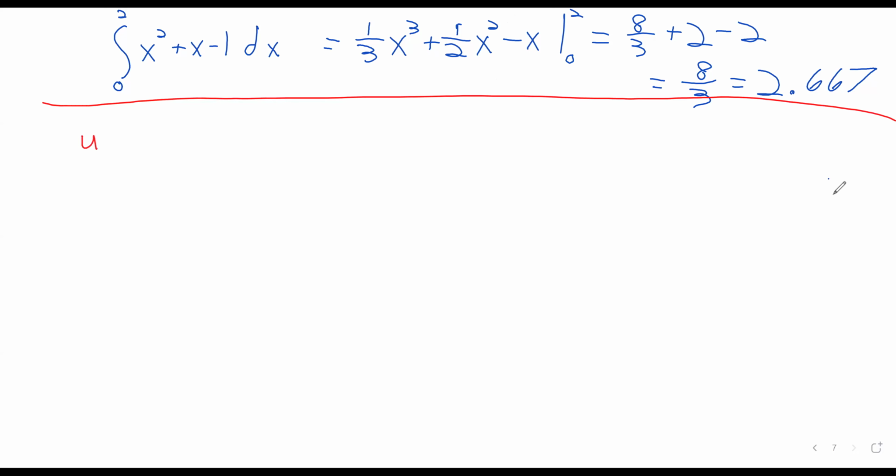Let's use 6 rectangles and the midpoint rule, and let's see if we get close to 2.667.